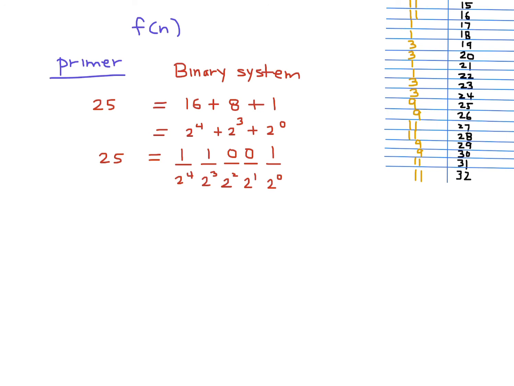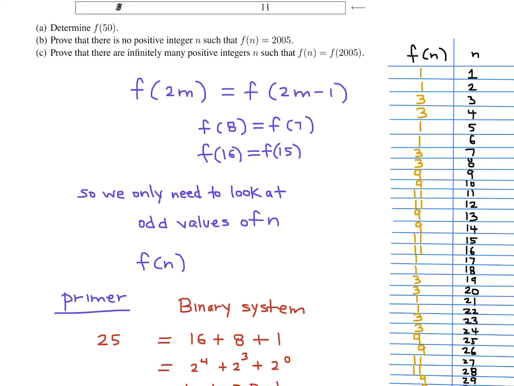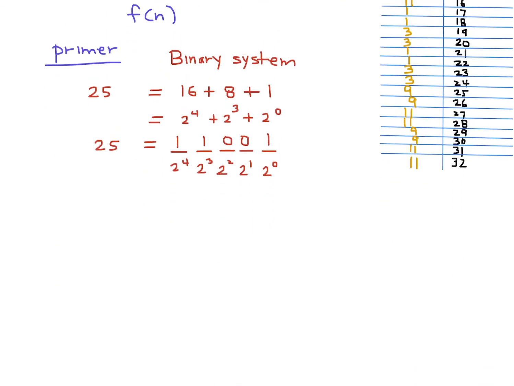Now, I want you to write 2005, since that is our big number here. Write 2005 in the binary system, because that's going to be at the heart of our question. Well, 2005 first in terms of numbers is 1024 plus 512, in terms of powers of 2, not just any random numbers, powers of 2: 256 plus 128 plus 64 plus 16 plus 4 plus 1, like that.